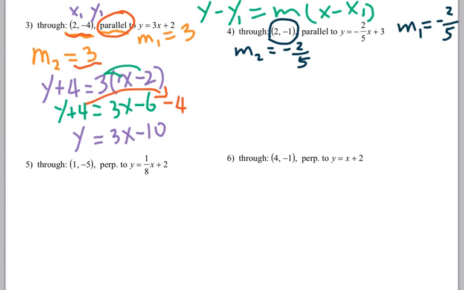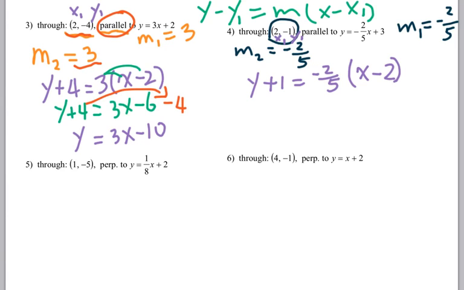Then we know that here's x1, here's y1. So I have y plus 1 equals negative 2 over 5, and then we multiply by x minus 2.